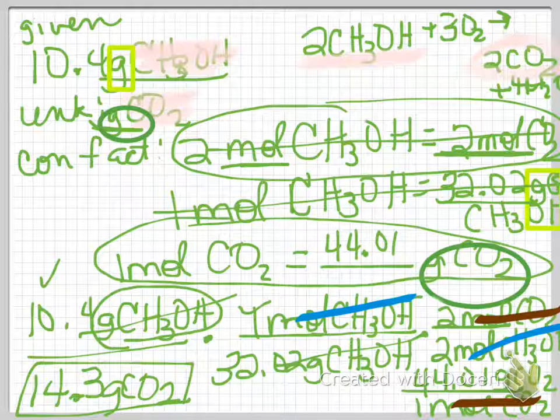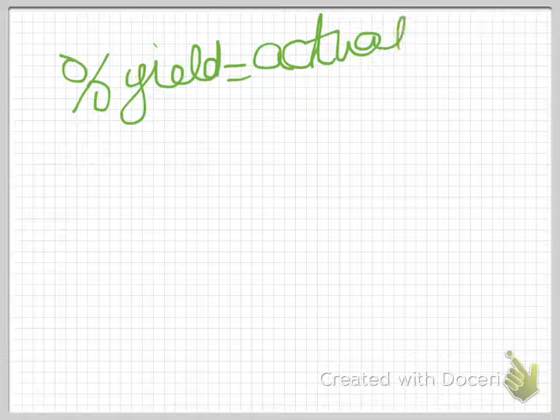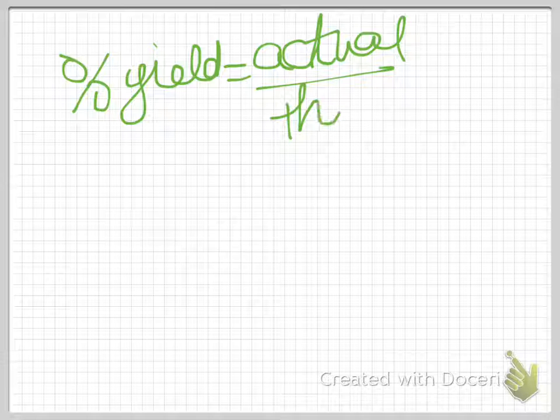You will have to be told that, okay? And then to find your percent yield, that's easy enough. Your percent yield is how much you were actually able to make divided by how much you said you should be able to make in your math.